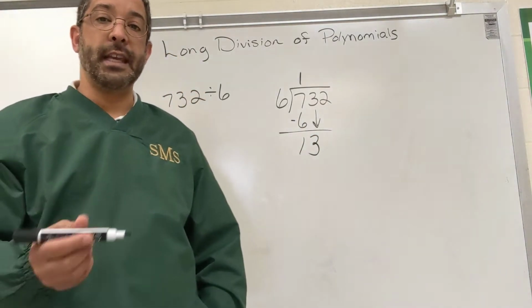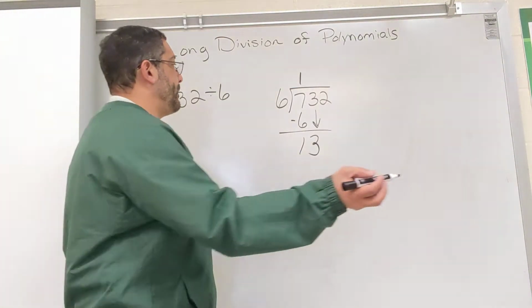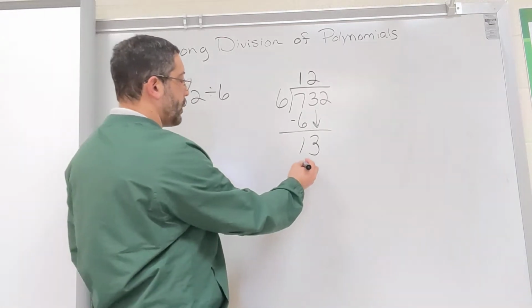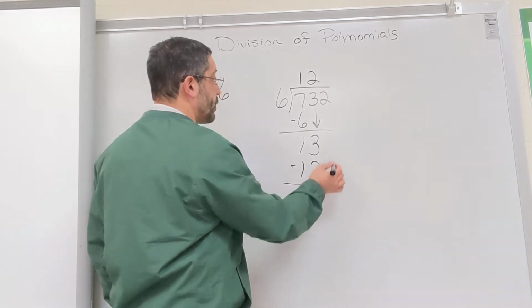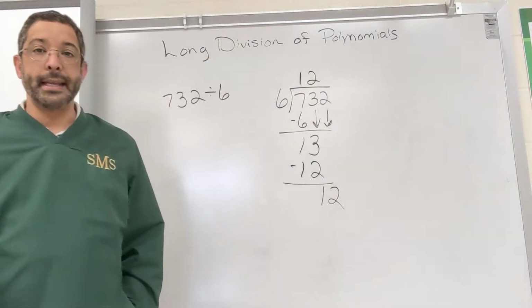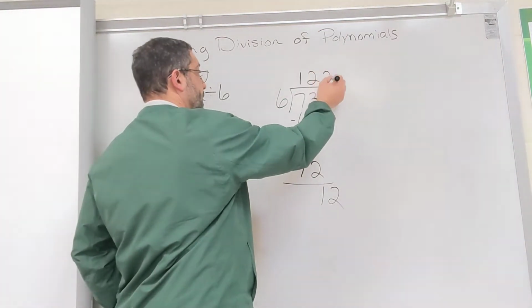So I ask myself again, how many times can 6 be evenly divided into 13? And that would be 2 more times. So 6 times 2 is going to be 12. And 13 minus 12 is 1. Again, I bring down a 2. So now how many times can 6 go into 12? 2 more times.